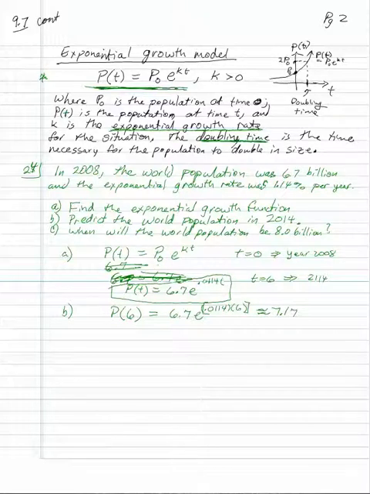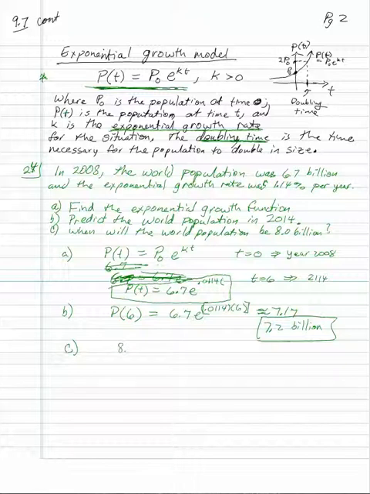So that looks like 7.2 billion if I round it. The book rounded it to that one decimal place. So about 7.2 billion. And then for C, when will the world population be 8 billion?